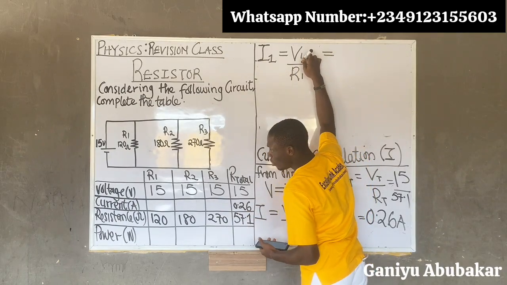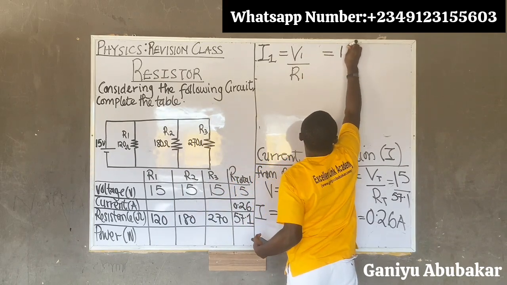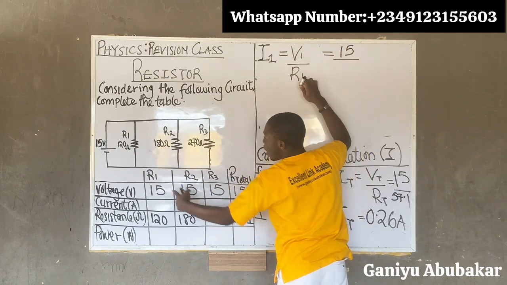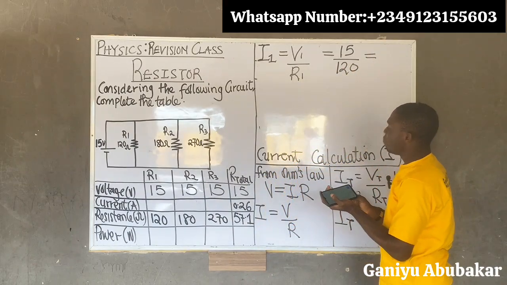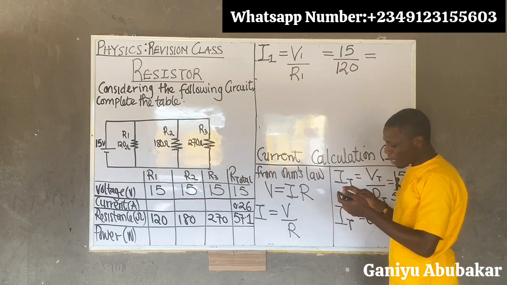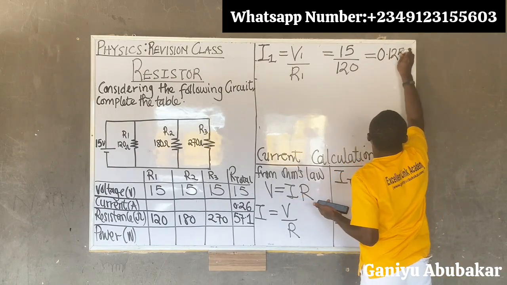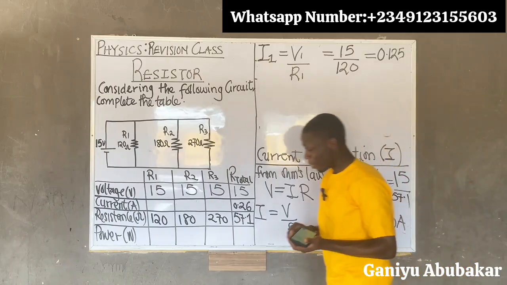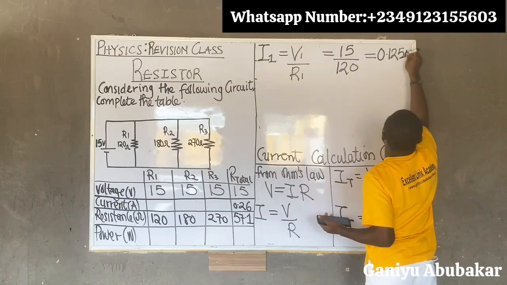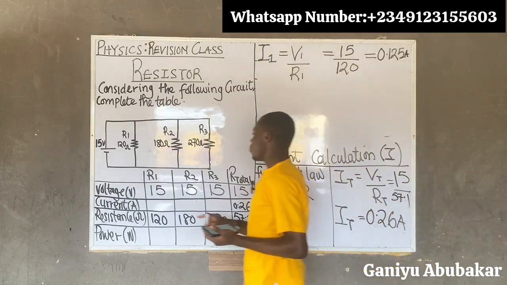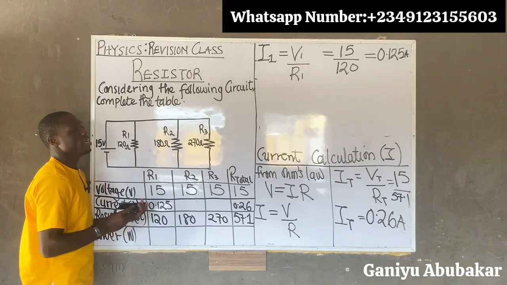V1 is 15, all over R1, which is 120. So 15 divided by 120 gives me 0.125 ampere. That's the value for I1. So I1 here is simply 0.125 ampere.